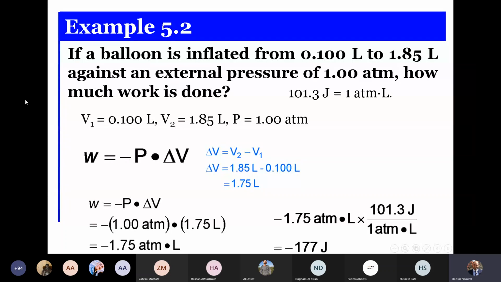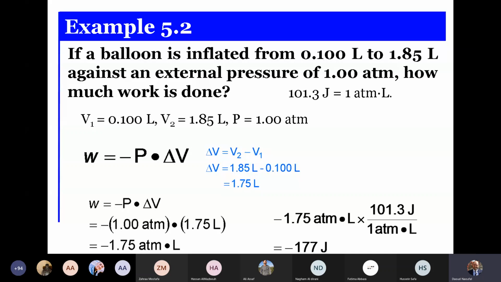Pay attention in this exercise, before starting the calculation, this is an expansion. The balloon goes from 0.1 initially to 1.85 finally. So the work is done by the system, which is the balloon, on the surroundings, so the work should be negative.